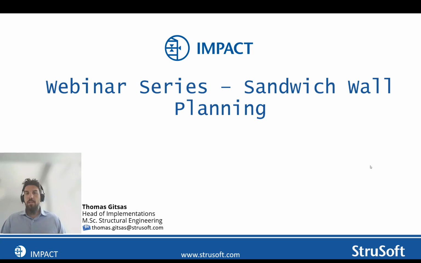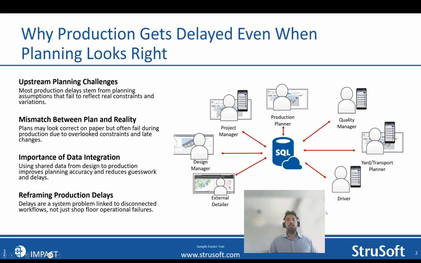So I have made a small presentation where I'm going to explain a little bit, for example, what are the most common issues where the production gets delayed, even when the planning looks right. A lot of times, and when I say we, I mean everybody, we do planning.